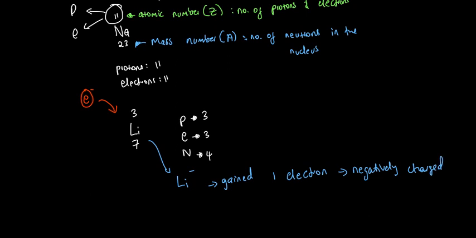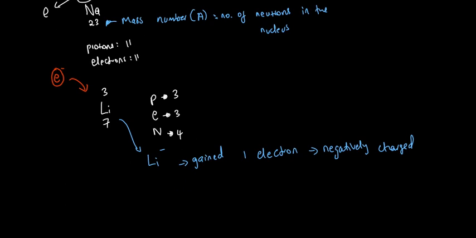Remember, lithium has three protons and three electrons. If you add another electron to the atom of lithium, lithium is going to become negatively charged. This minus here, we don't usually call it -1, and you can even avoid writing it, or you can write it like this.